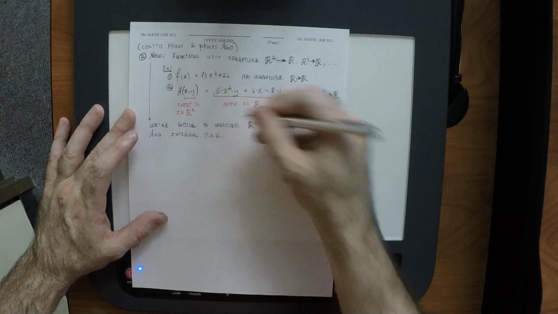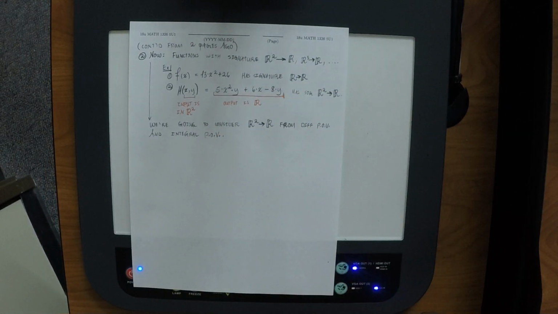Now, some of the particulars are going to be a little bit different, but the overall idea is the same.